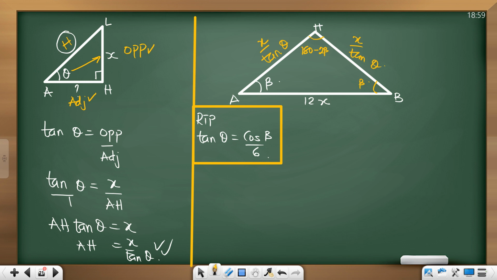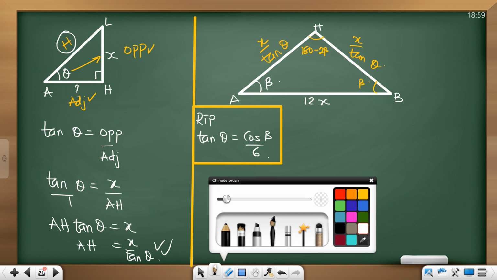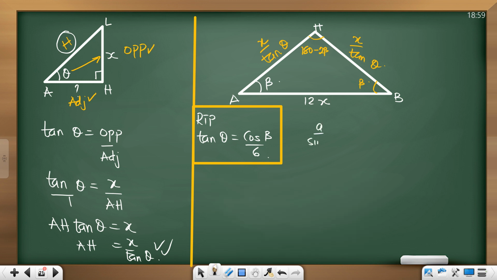And now we can use either sine rule or cosine rule. Sine rule is always easier. Make sense? Let's try sine rule. Do you remember your sine rule? A over sine A equals to what? B over. If it doesn't work, then we go back to cosine rule, because in this case we can use the two of them. Okay, since I'm looking for what? Tan theta, right? So I'm working with this angle and that.